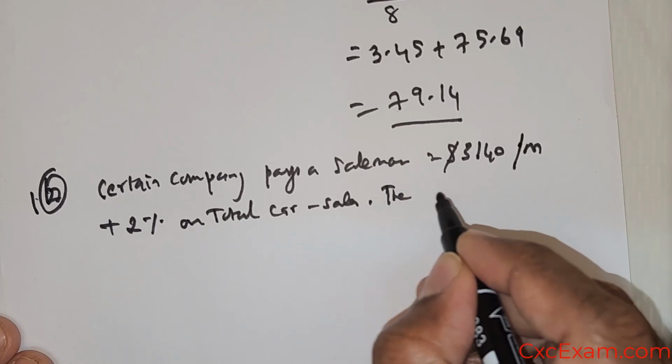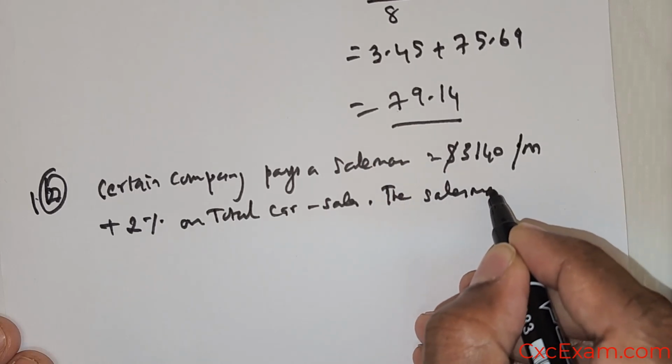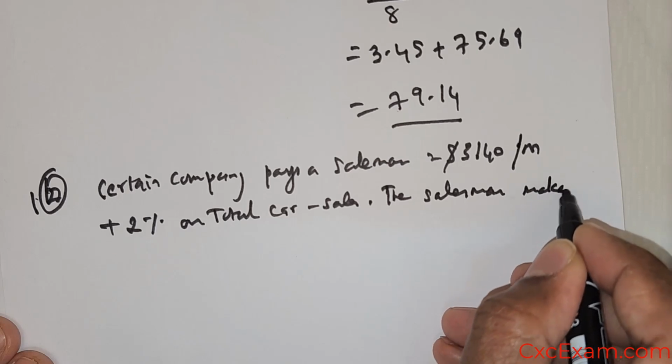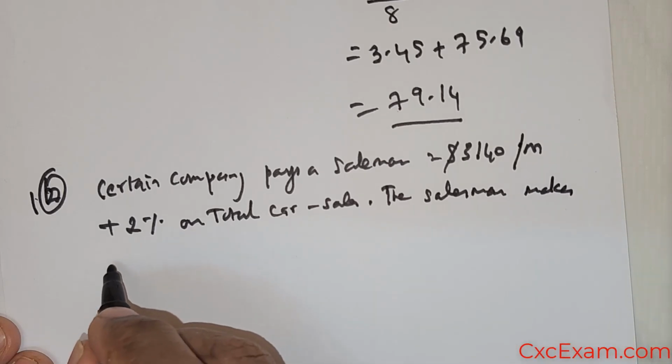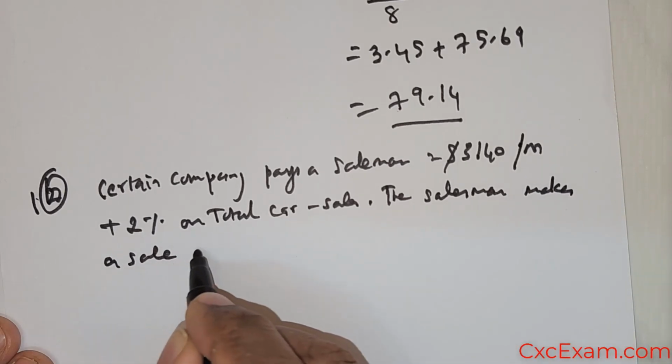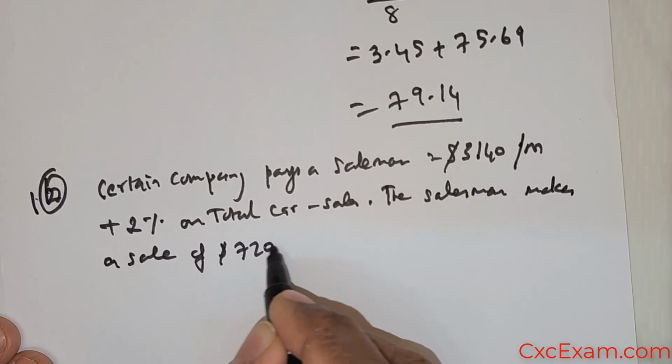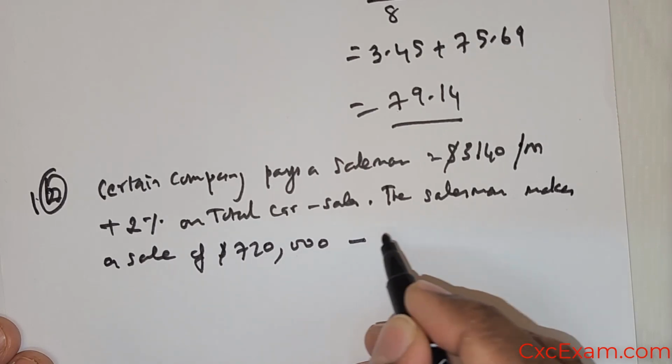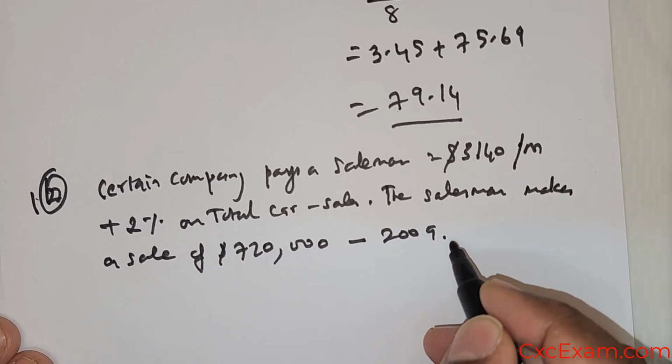The salesman makes a sale of $720,000 for the year 2009.